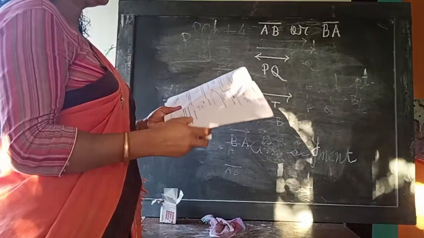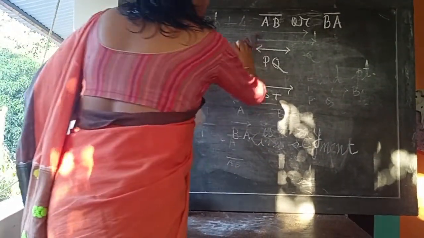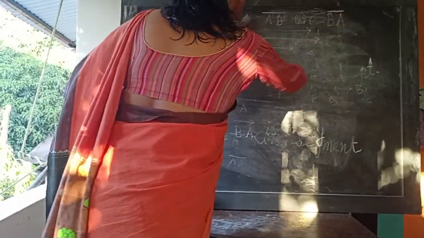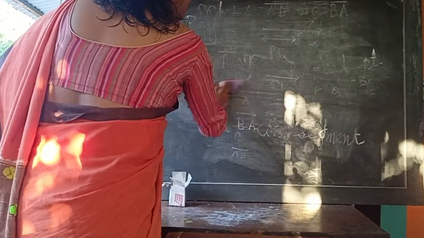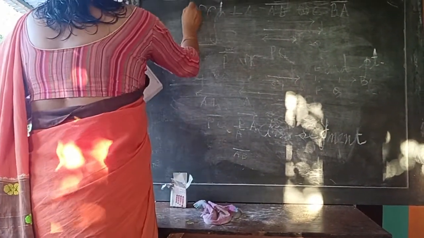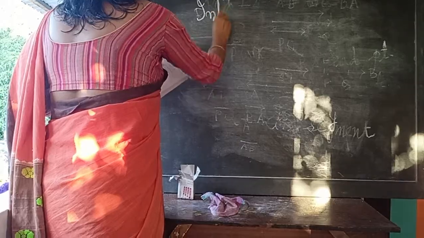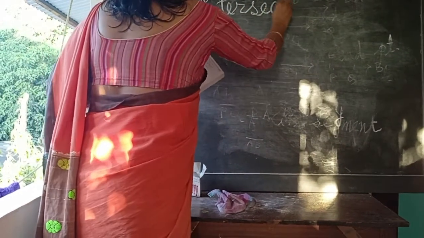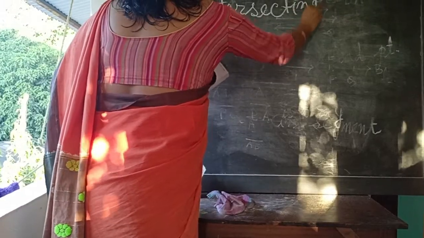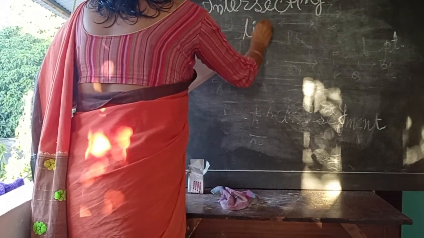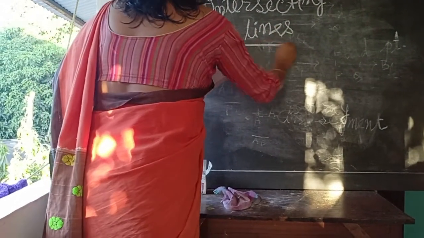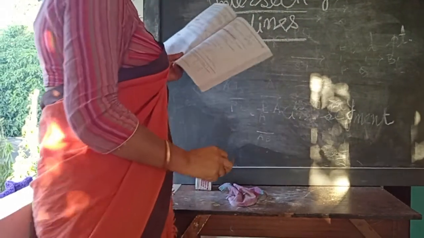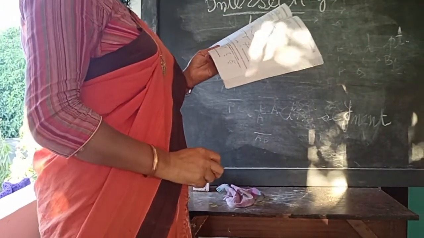Now we learn about intersecting lines. We find different types of lines now. Intersecting lines. We have learned already about lines. Now we learn intersecting lines.